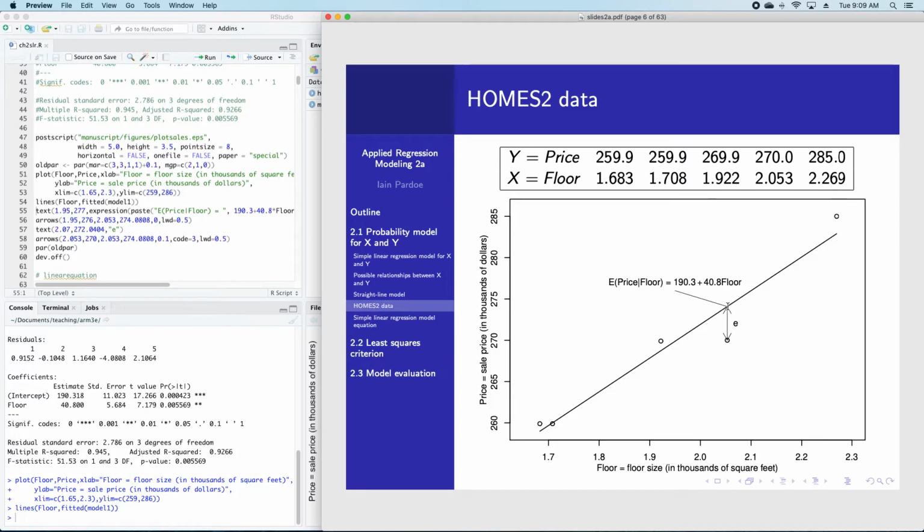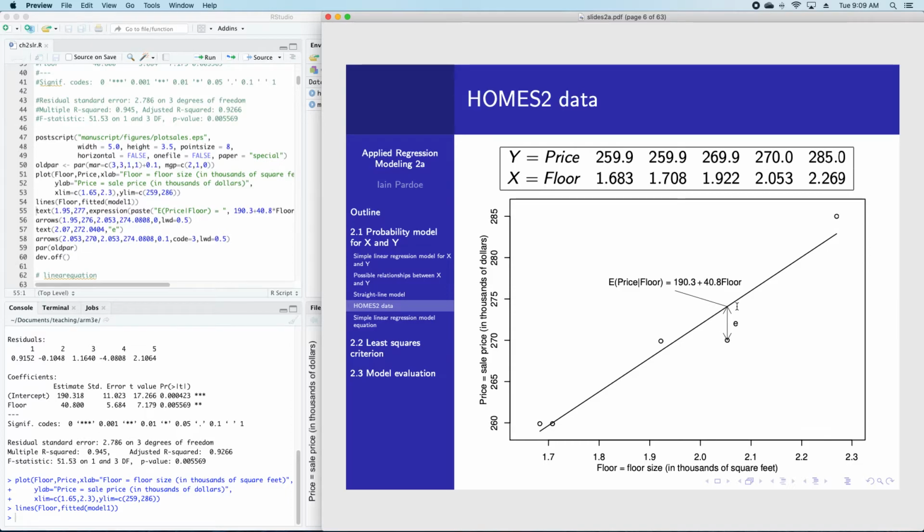But if we were to predict the sale price for that house based on this line, based on this simple linear regression model, we could multiply 2.053 by 40.8 and then add 190.3, and that would give us a number right on this line, right at the end of this arrow here.